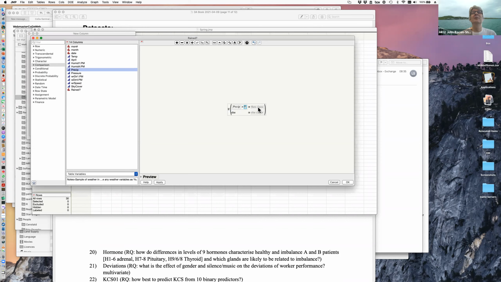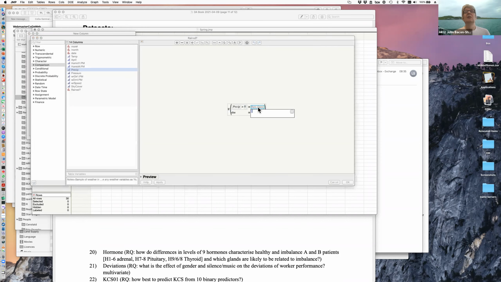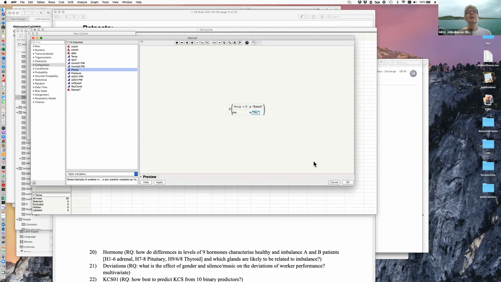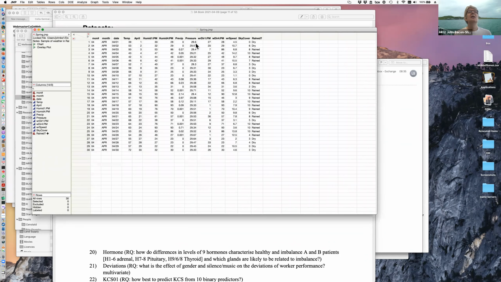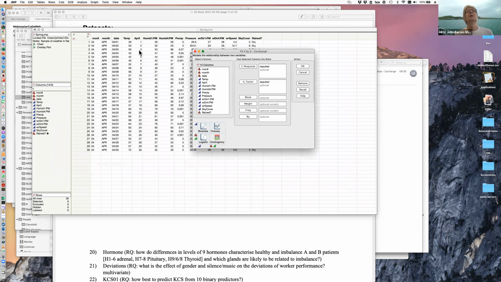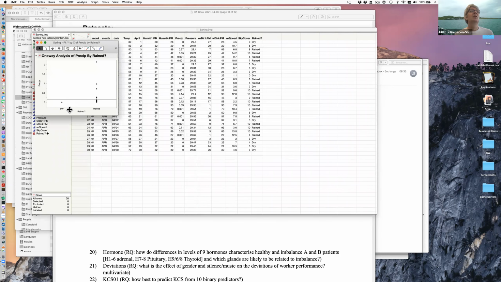So if the precipitation is greater than 0, then I'm going to put in double quotes, rained. Else, dry. Okay, so if I've done it correctly, let's see if I've done it correctly. Indeed, we can check, we can do a table, fit y by x, where we look at the precipitation against rained, and we should indeed see.